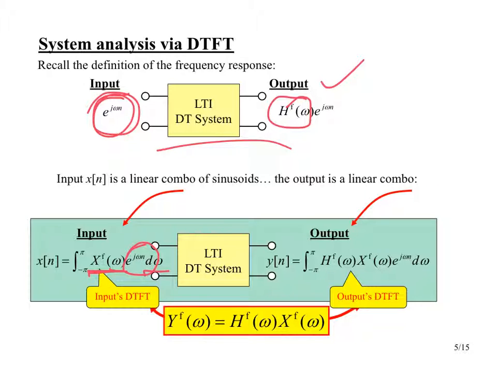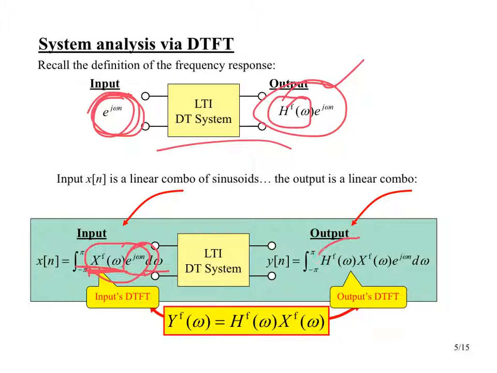So that input DTFT acts analogous to a phasor, which you saw in your circuits class, at each individual frequency. And since we added these things up with these weights, we need to add these things up. And so, we're putting in these components individually.